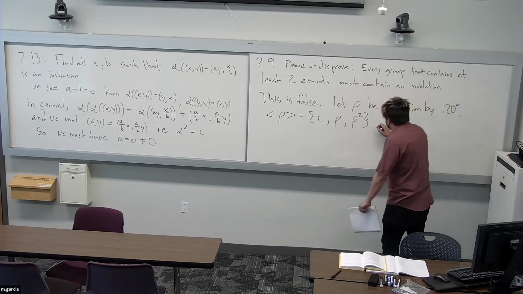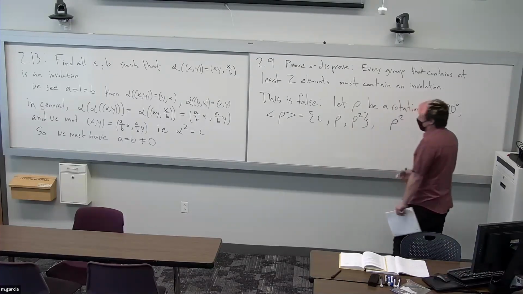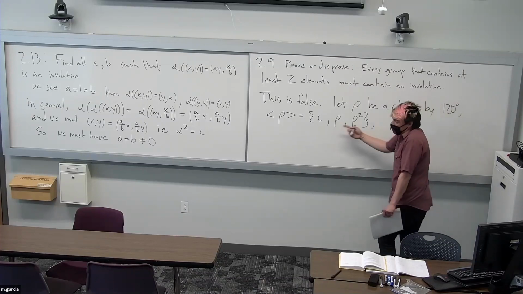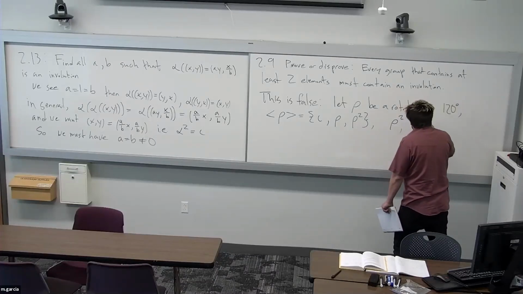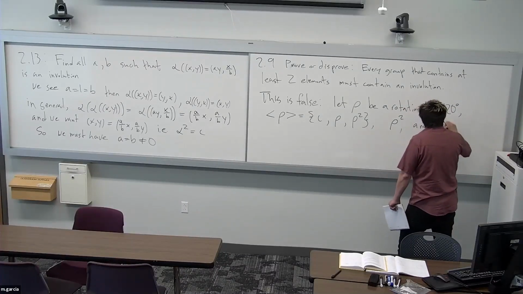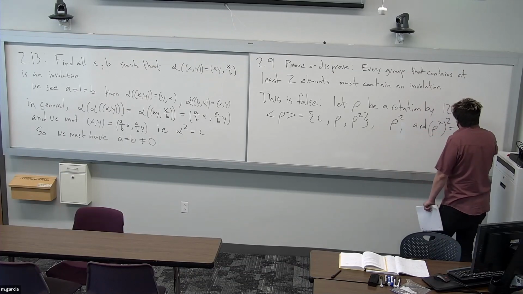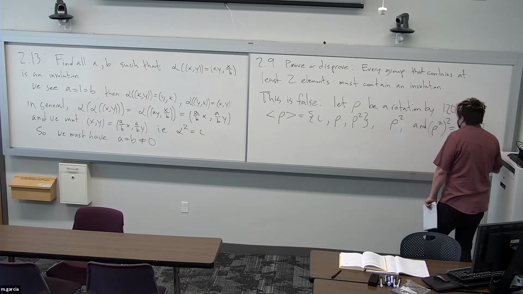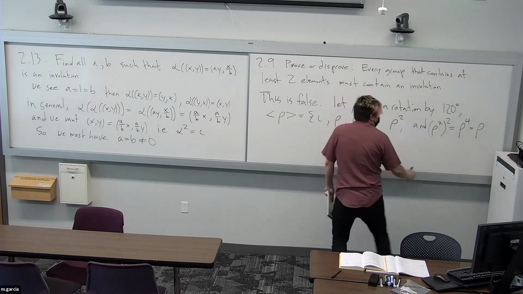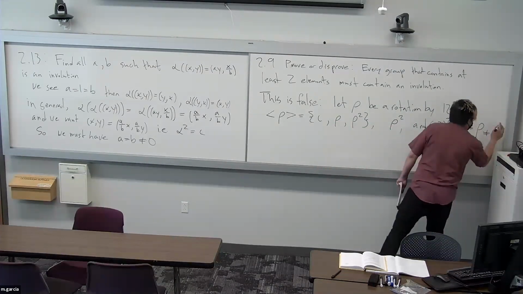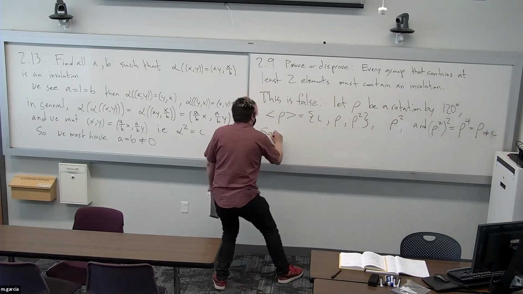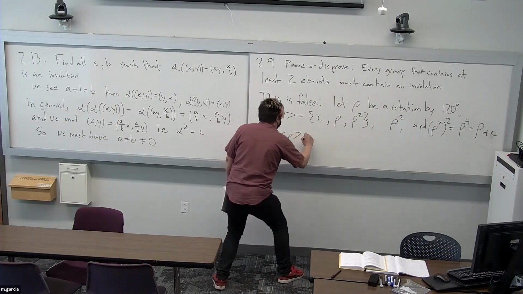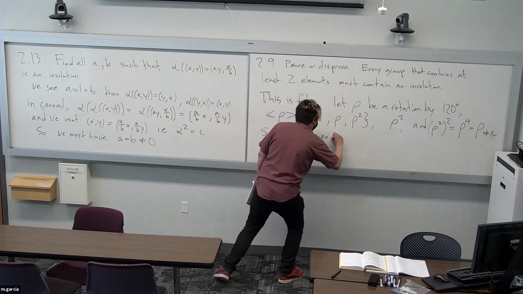Clearly, if I square rho, I just get rho squared, which is not iota. And rho squared squared, rho to the 4th, which is just rho, which is not iota. So the group has no involutions.